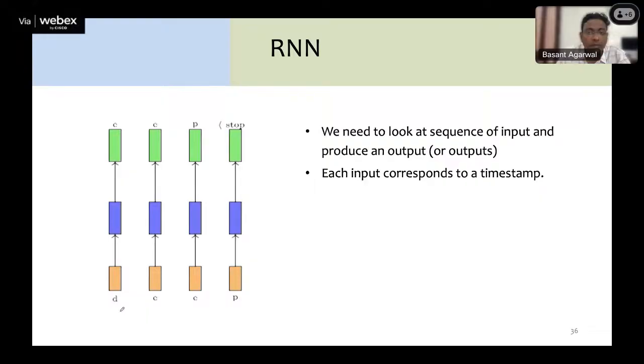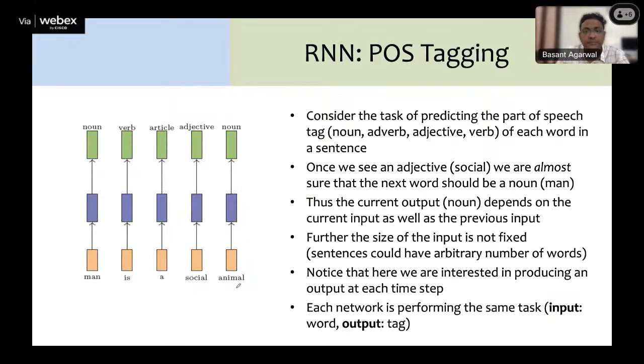And each input, as we have discussed, is given at one timestamp. So at timestamp one, when I give D, it will predict E. And at timestamp two, let's say we have input as E, now we are predicting the next character, and so on.